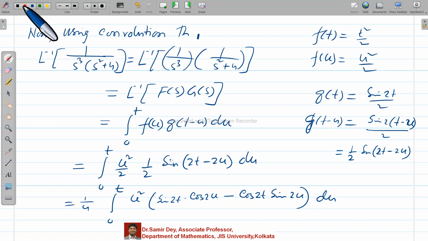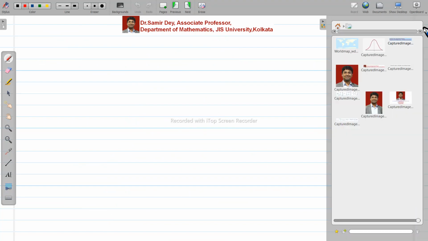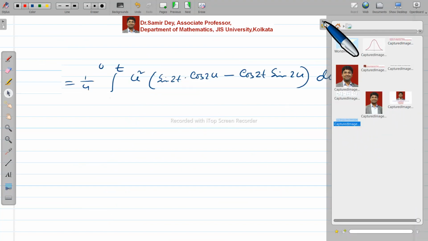The formula already you know. So here I have used this formula. Clear? Is it okay?